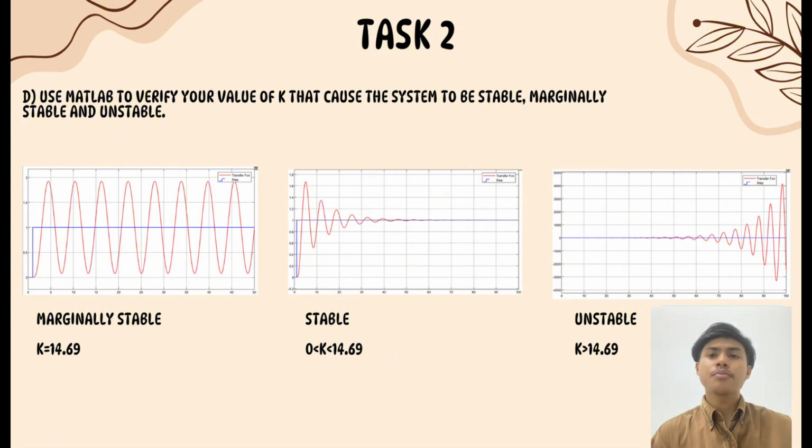After we input the value of gain that we obtained by using the Routh table method into the simulation in MATLAB, this is the output for all the conditions. For marginally stable, we found that the value of K is equal to 14.69, and the stable condition is greater than 0 and below 14.69, and the unstable condition is K bigger than 14.69.